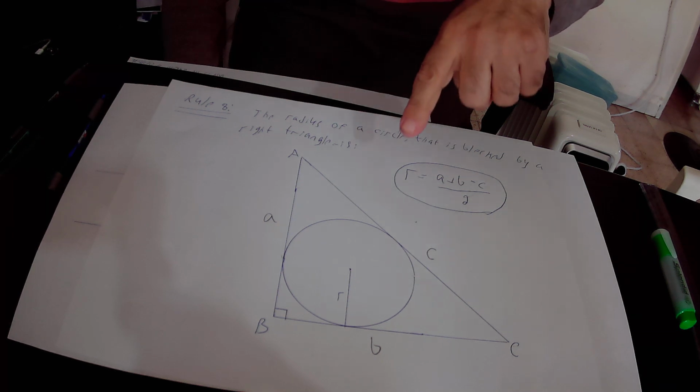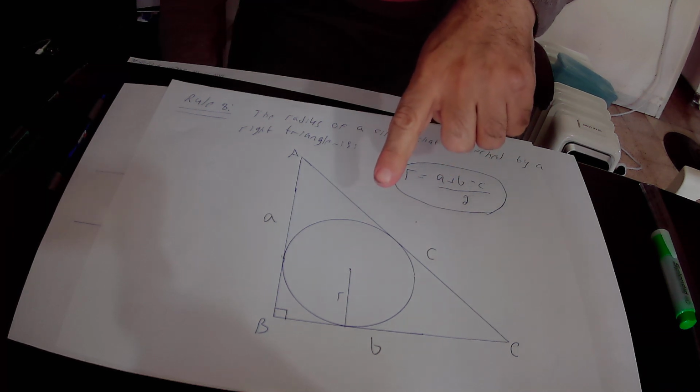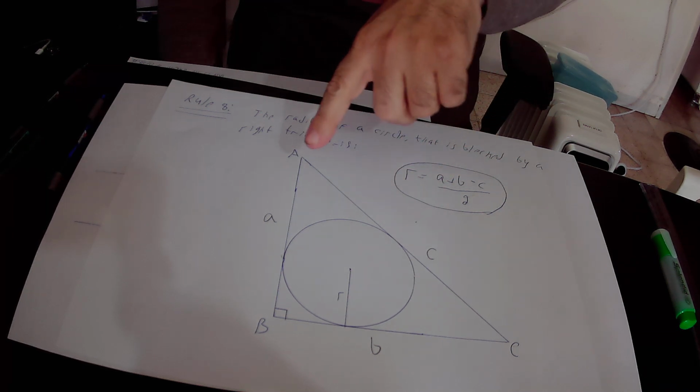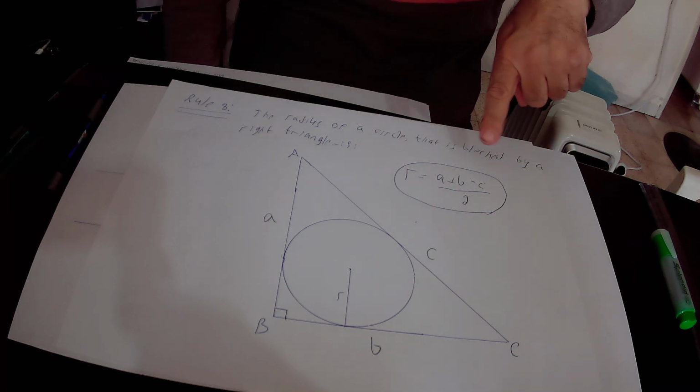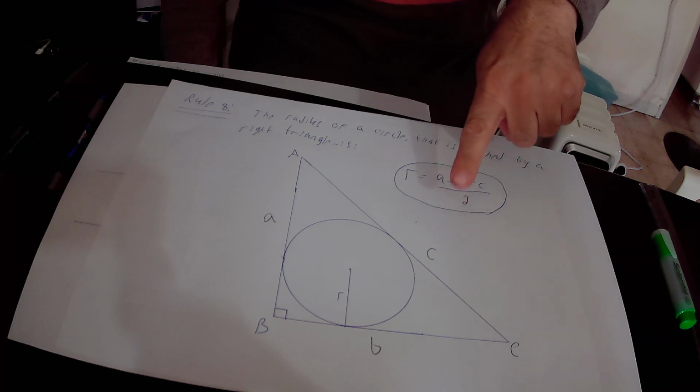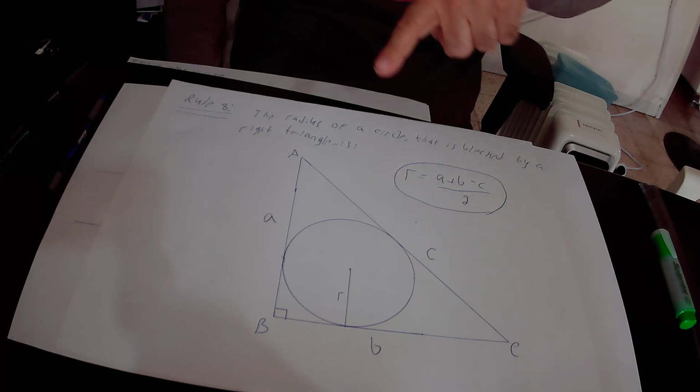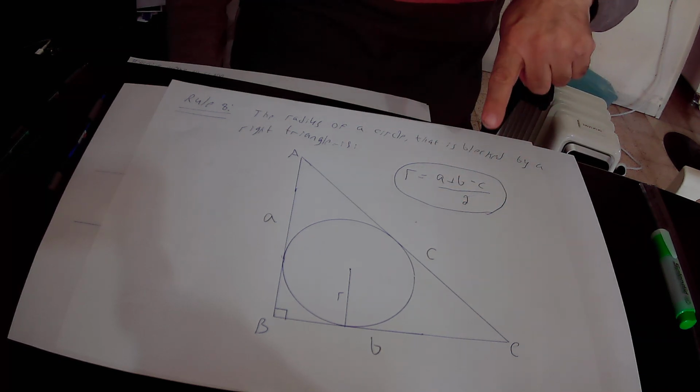That is to say, the radius of this circle R will be equal to A plus B, that is the sum of the lengths of the perpendiculars, minus the length of the hypotenuse C, over 2. So R equals A plus B minus C over 2.